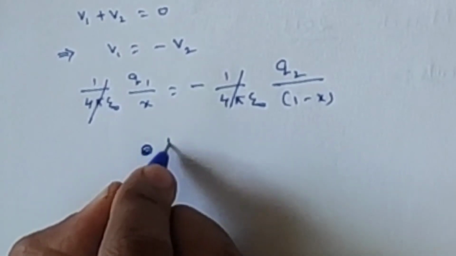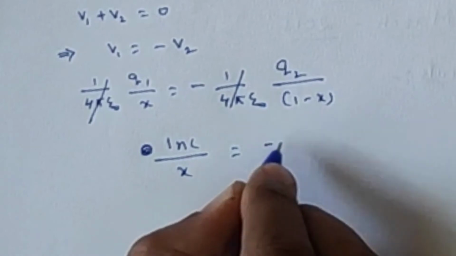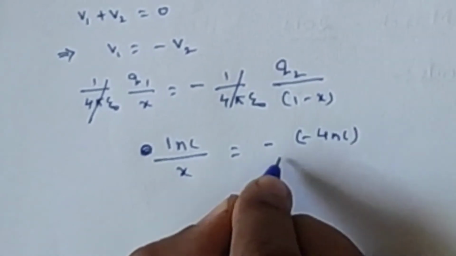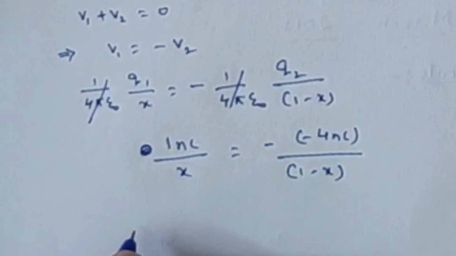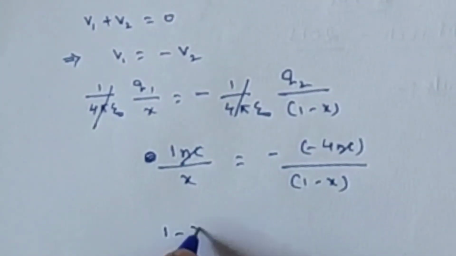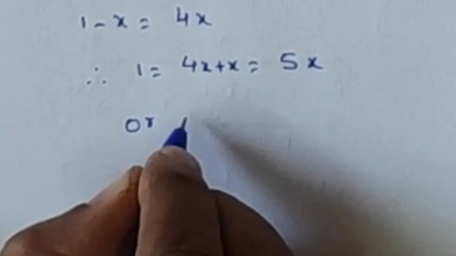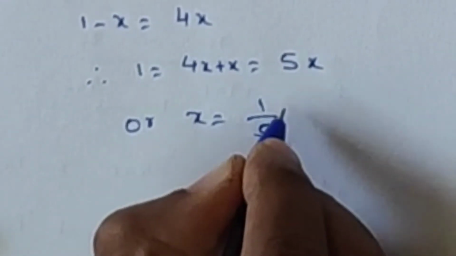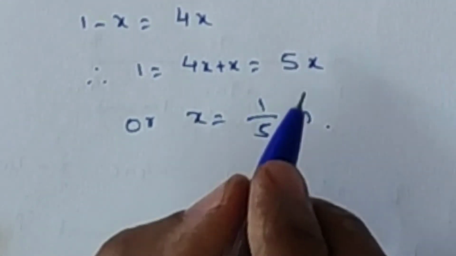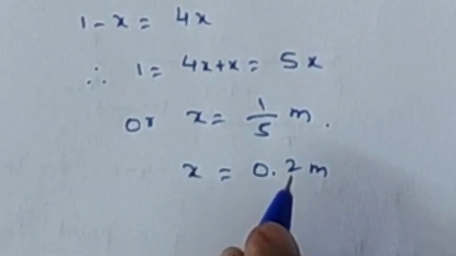Q1 is 1 nanocoulomb divided by x equal to minus 4 nanocoulomb divided by 1 minus x. The nanocoulomb gets cancelled, cross multiplied, 1 minus x equal to 4x. Therefore 1 equal to 4x plus x equal to 5x, or x equal to 1 by 5 meter. So 1 by 5 meter means x equal to 0.2 meter.